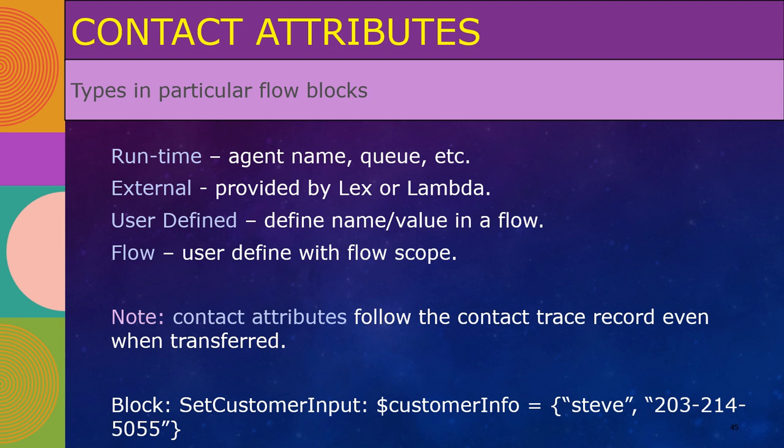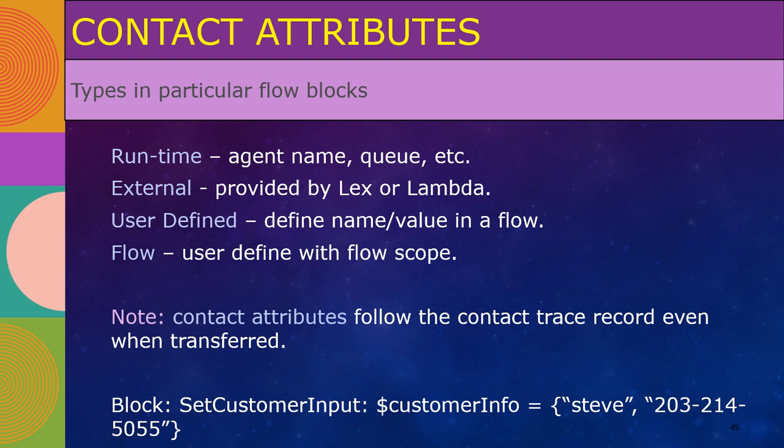Block 3, I'm going to get customer input. Block 4, I'm going to do something else. Each one of those blocks can use contact attributes. What type of contact attribute it can use, and which one will be available, will depend on the flow, on the block, etc. So with runtime, with contact, I'm going to just say contact center attributes.